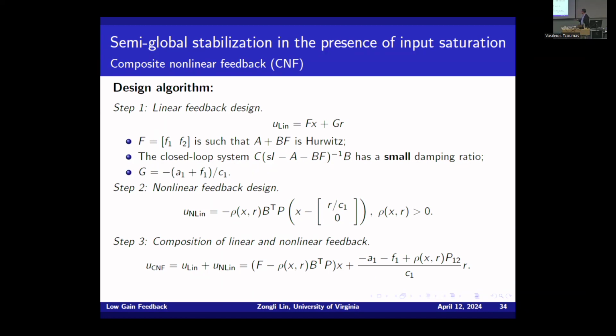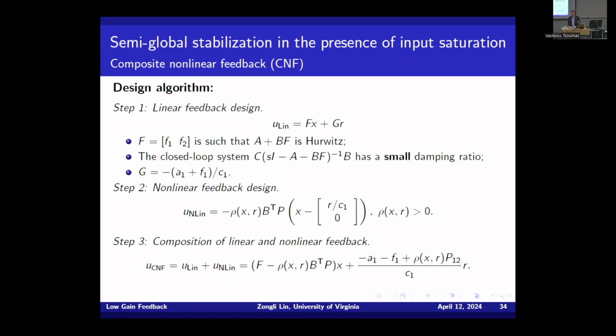The idea here is, suppose I have this composite nonlinear feedback, basically low and high gain feedback. I design the low gain feedback to make it linear feedback, right? And the low gain feedback will make what? A second order system. I make the damping ratio very small. So what does that mean?